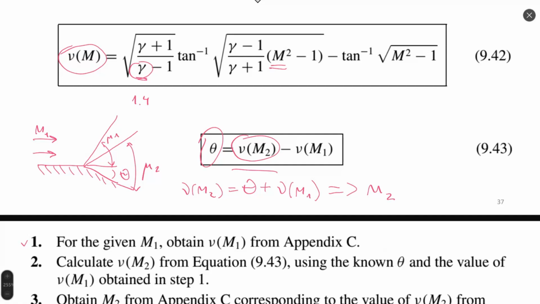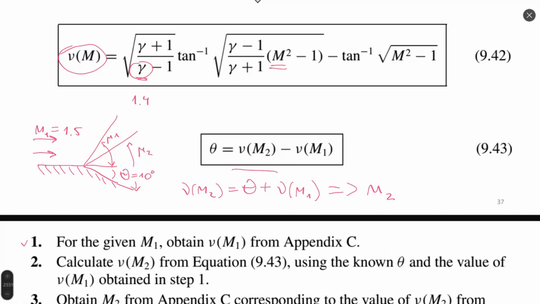For example, I will use Mach 1.5 as M1, and for the angle, it would be nice to have 10 degrees. So 10 degrees of body angle and 1.5 for the Mach number before changes start to happen.